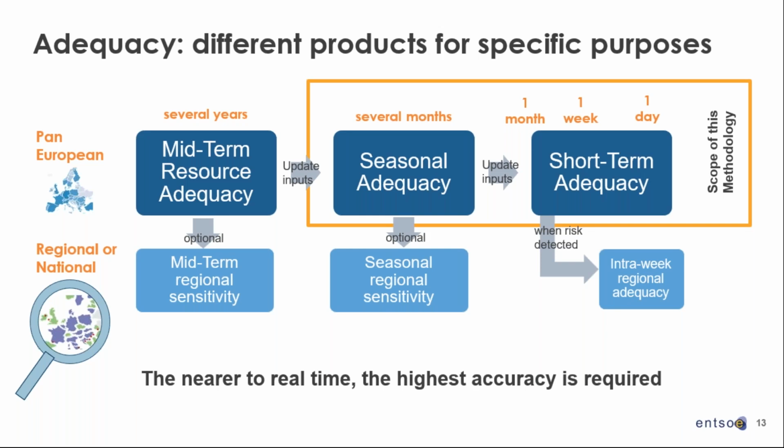So the midterm regional sensitivities would be more to have some optional, fast changes, for instance, accelerated coal phase out, or nuclear phase down, or any change in the energy mix to see it as sensitivity, especially when it concerns one country or one region.